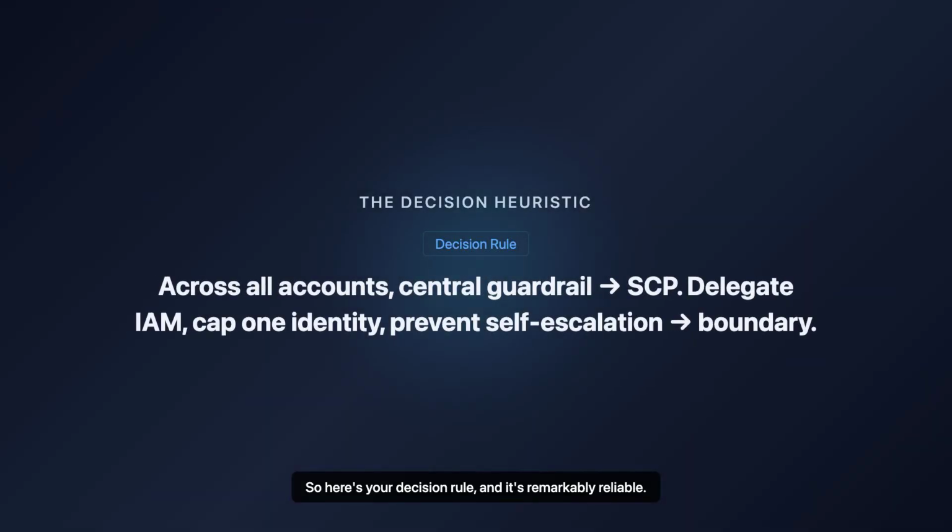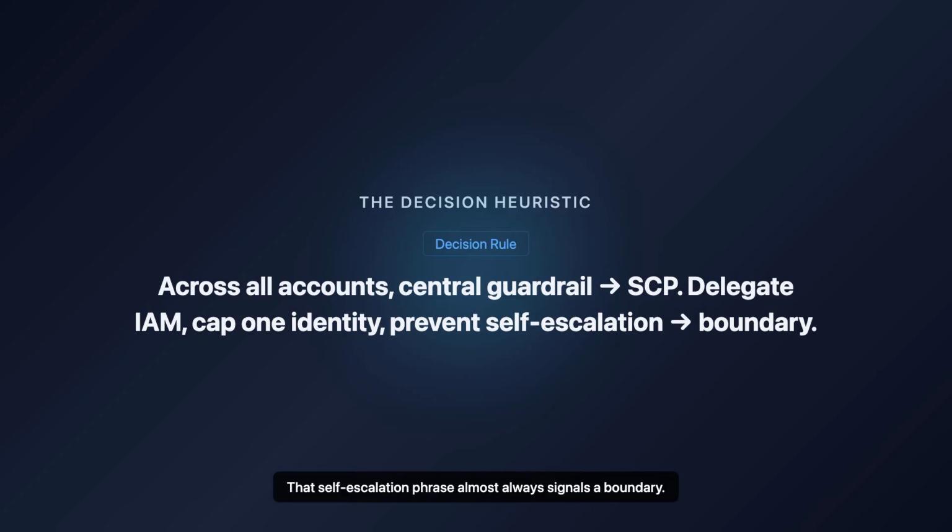So here's your decision rule, and it's remarkably reliable. When the scenario says across all accounts, or central control, or an organization-wide guardrail, that points to an SCP. When it says delegate IAM, or let developers create roles, or cap one specific identity, or prevent someone from escalating their own privileges, that points to a permission boundary.